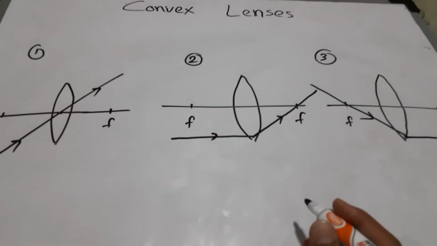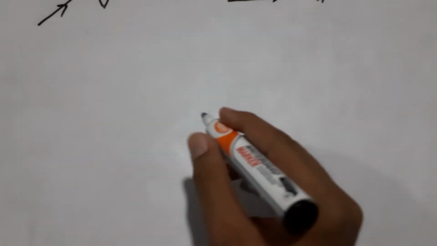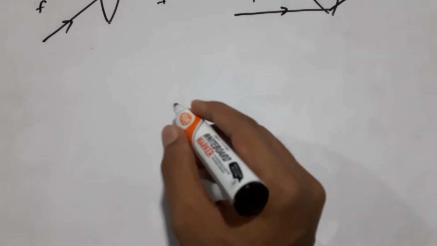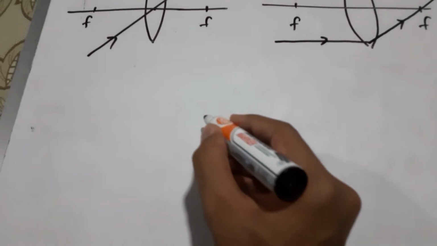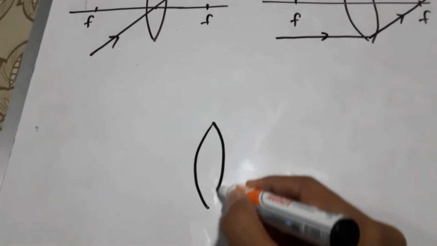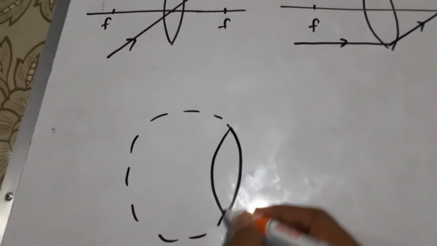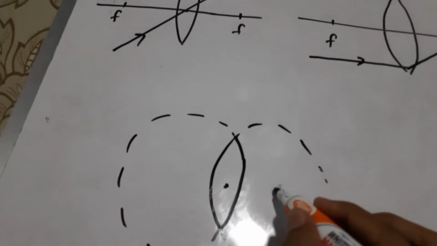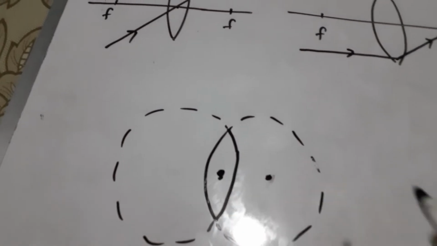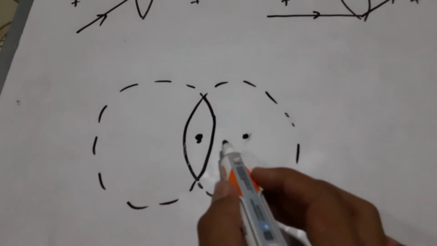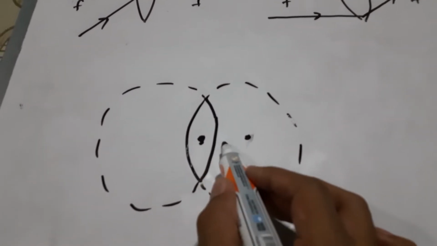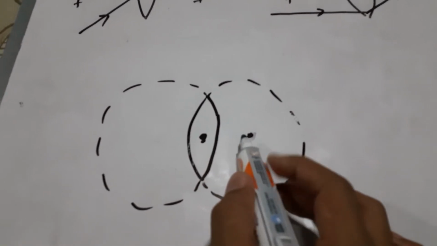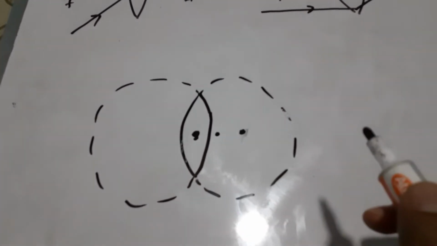So there are a few points that you should know. As you can remember, in the earlier diagram, I drew you two spheres. If this is the center and this is the optic center, the midpoint between these two points will give you the focal point, right?